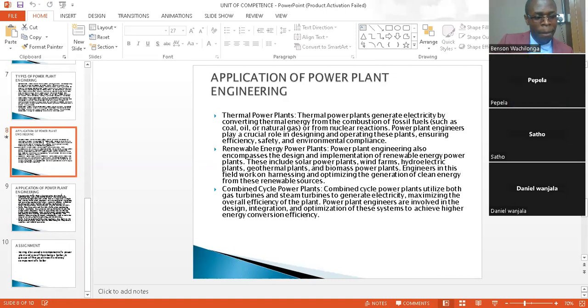You can apply it through thermal power plants, which generate electricity by use of coal, oil, natural gases, or from nuclear reaction. We have renewable energy power plants. We have combined cycle power plants. Thank you.